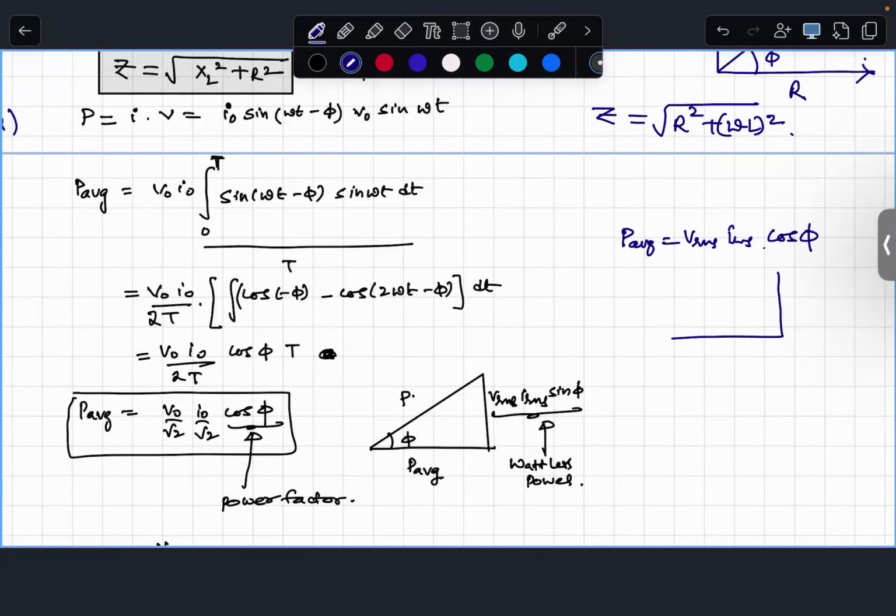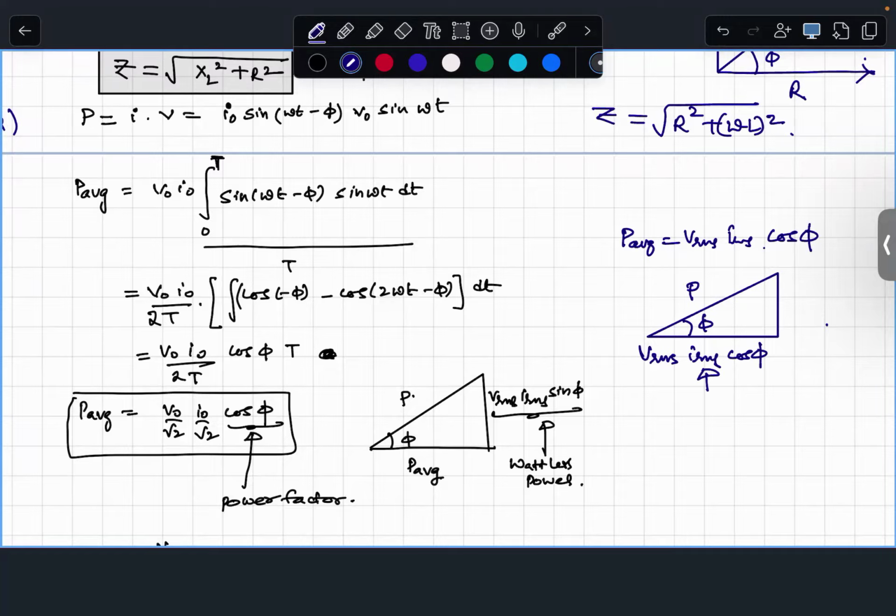There is a power triangle. This is called the power triangle. The actual average power is of two components. V RMS, I RMS, cos phi is the dissipating one, which converts to heat.